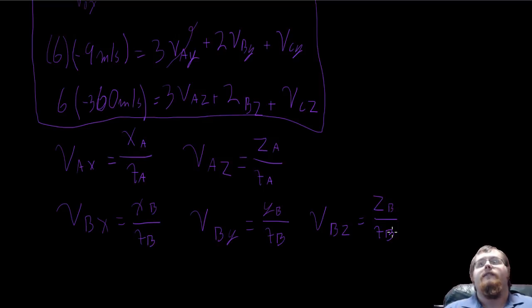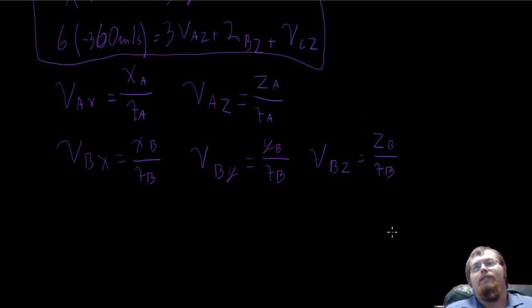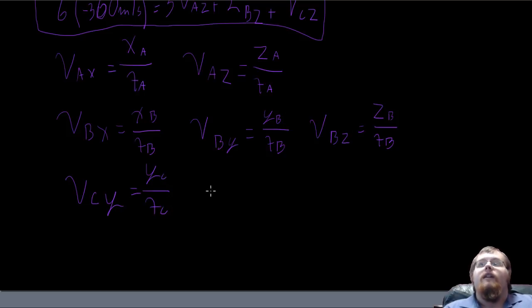We have VC, what is that, VCX, which is non-existent, so that's not the one. VCY, there we go, Y sub C over T sub C, and then we have V sub C Z equals Z sub C over T sub C. I'm getting myself tongue-tied.